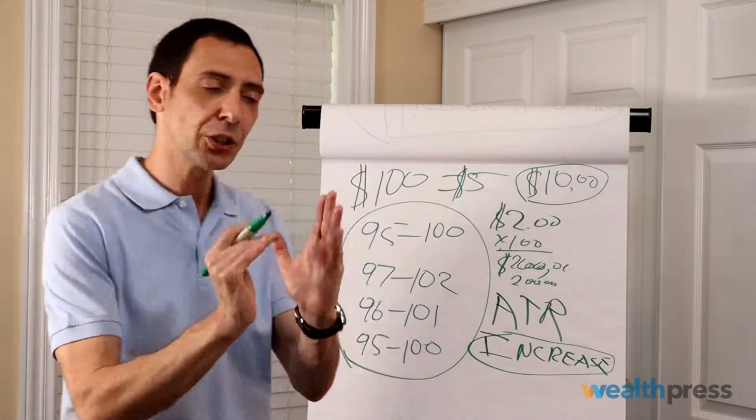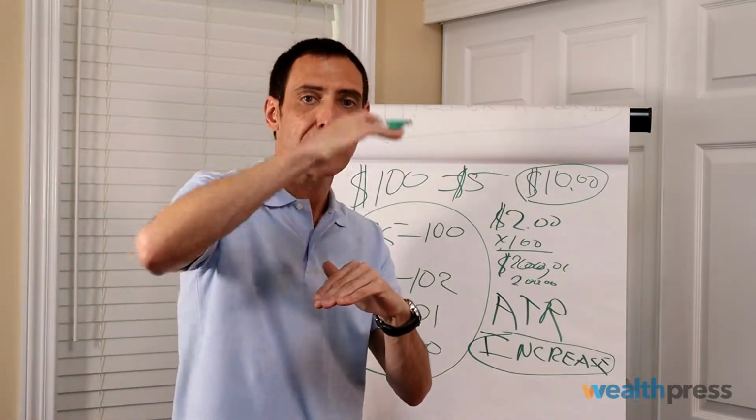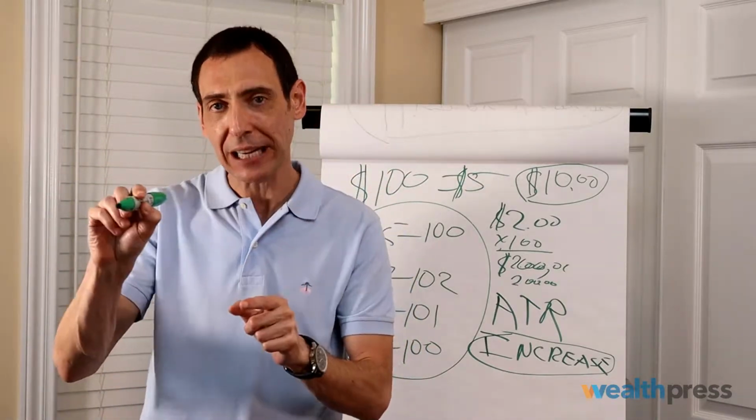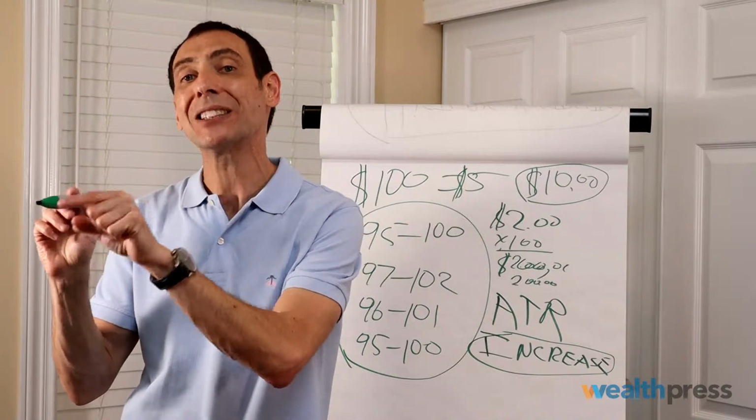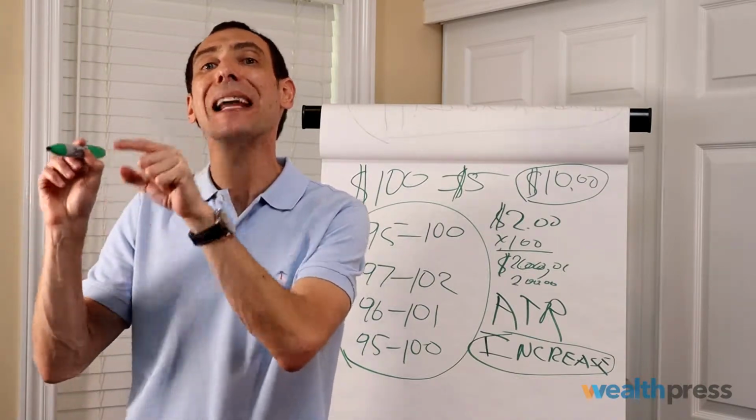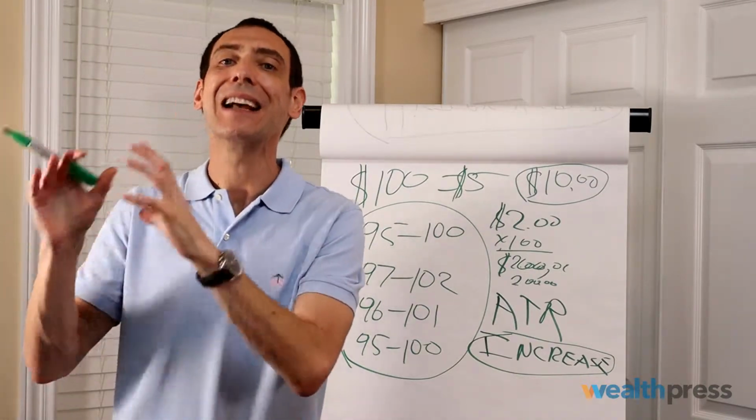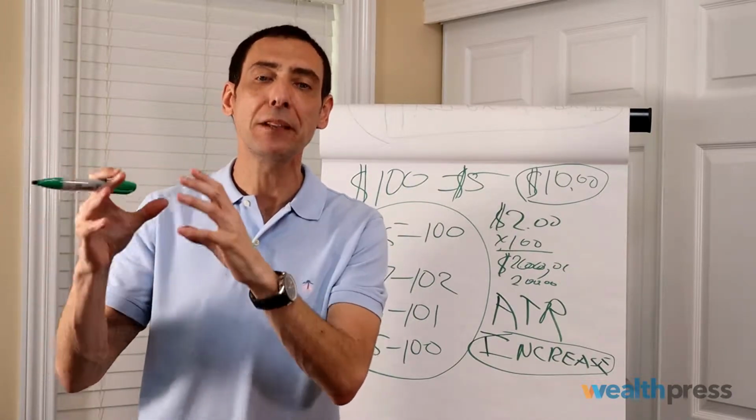So what you're doing is you're looking at the actual volatility of the asset and comparing it to what the traders, based on the price of the option, are implying the volatility will be in the future.